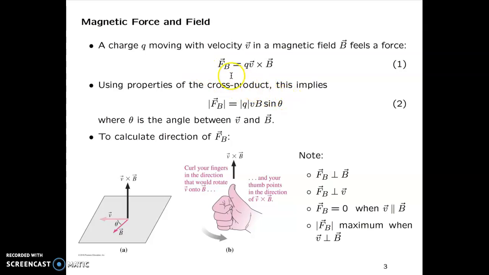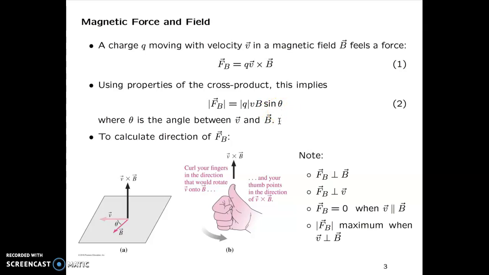Well, one of them is, if you take the magnitude of the left and right-hand sides of this equation, you take the magnitude of Q, but what about the magnitude of the cross product? It's equal to the product of the magnitude of V, the magnitude of B, but also multiplied by this third factor, sine theta. And what's theta?